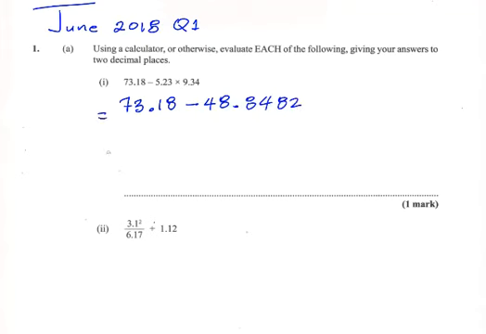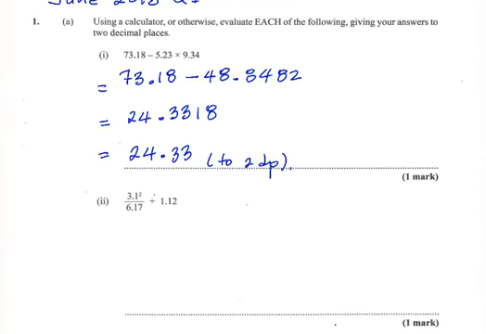And if we subtract, we're going to end up with 24.3318, and then the answer would be 24.33 to 2 decimal places.